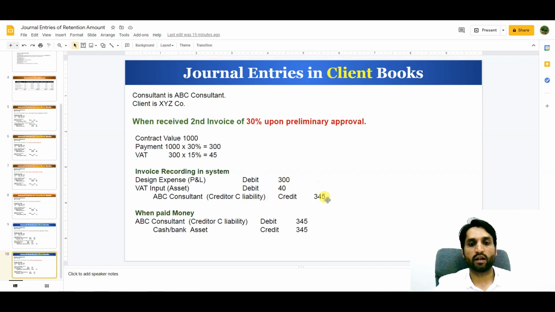This is the payable amount to the consultant, so this is our liability, and when we pay the consultant, we pass this entry: ABC consultant creditor account will be debit and cash or bank asset account will be credit with 345. We are paying VAT along with our expense. As the contract moves on, the client will pass the same entries in his books.